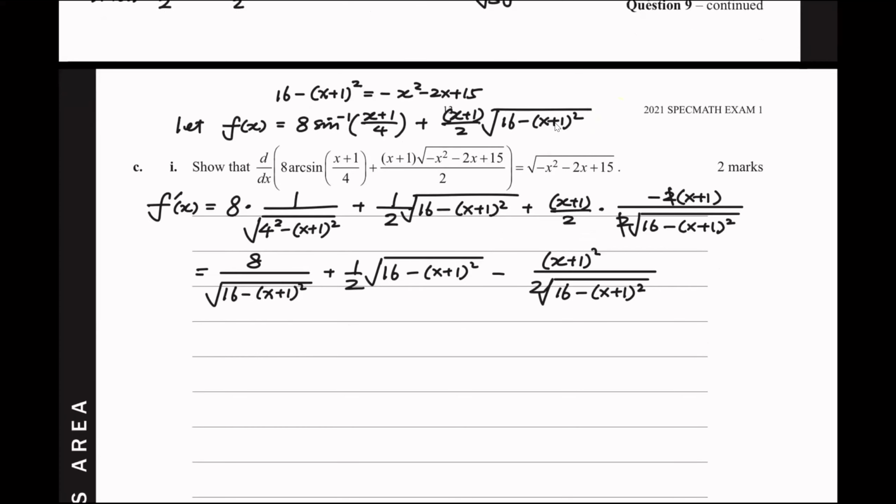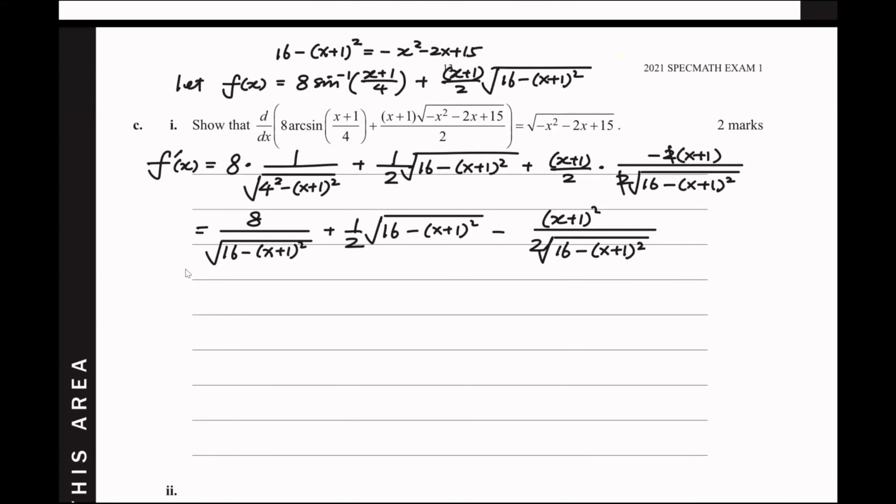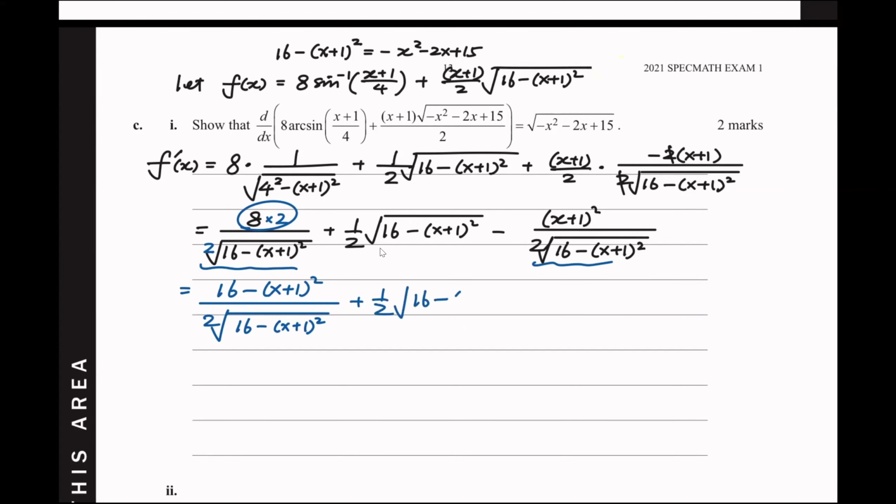And just look at the three terms. Eventually, we want to combine all three terms into one term. Then I will deal with the fractions first. For example, I may want to multiply by 2 here and divide by 2 here. Then it's a 16, and that's the same denominator. So you get 16 minus (x plus 1) squared divided by 2 lots of root 16 minus (x plus 1) squared, and plus another half square root of 16 minus (x plus 1) squared.